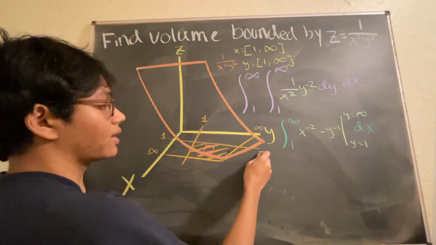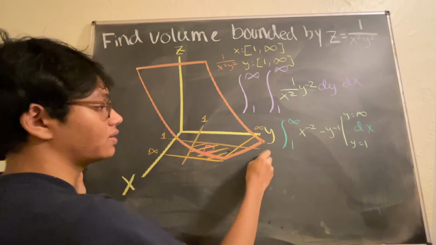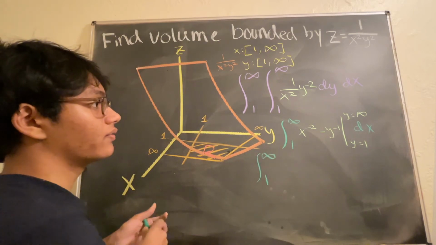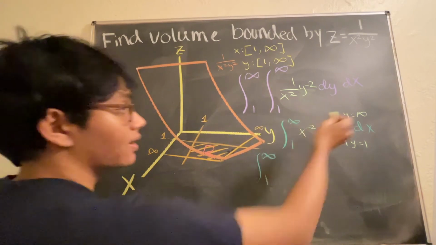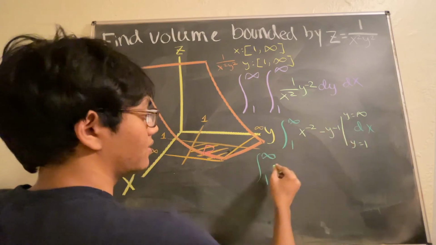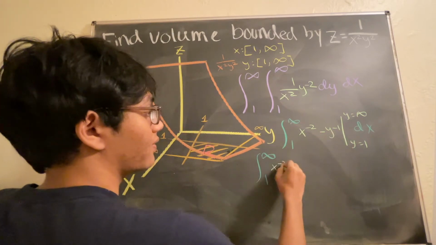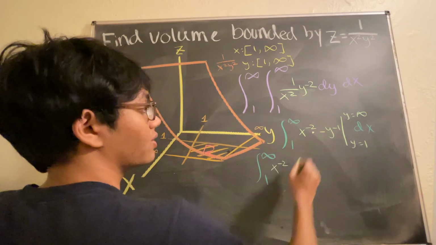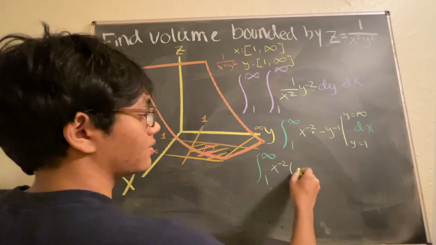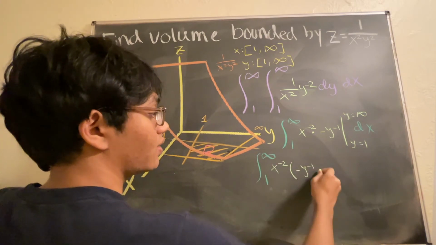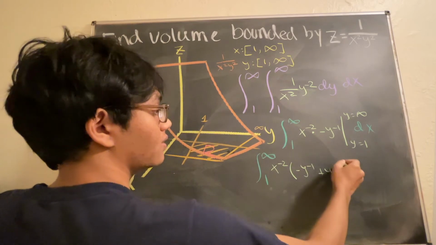So what am I going to have here? I'll have the integral from 1 to infinity of, well, let's just plug in. x to the negative 2, times negative y to the negative 1 plus y to the negative 1.